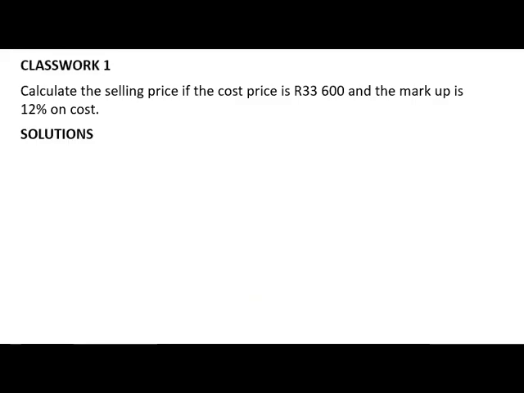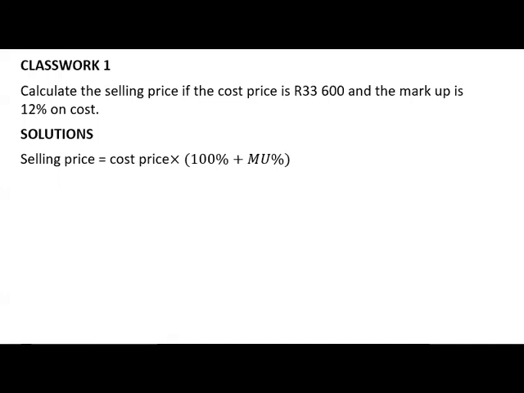Try this classwork one quickly. You need to calculate the selling price if the cost price is 33,600 and the markup is 12% on cost. You will use this formula. Selling price is equal to cost price times 100% plus markup percentage.